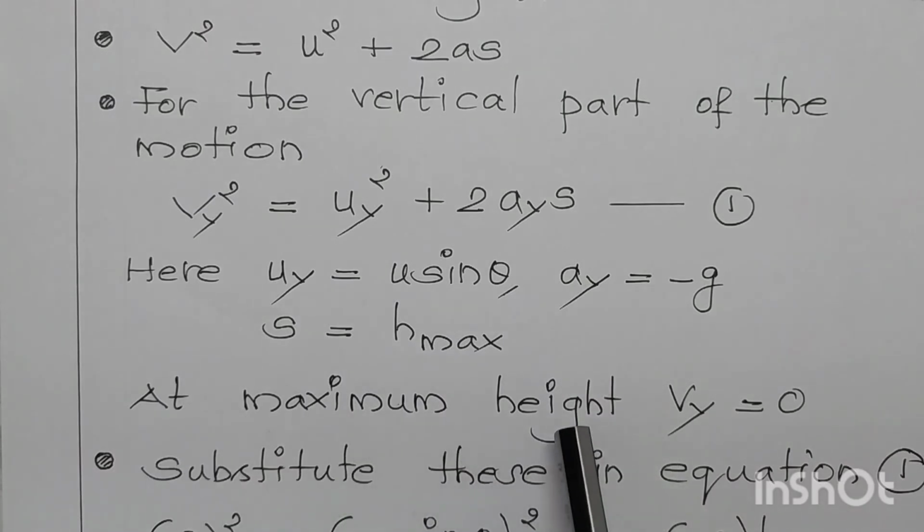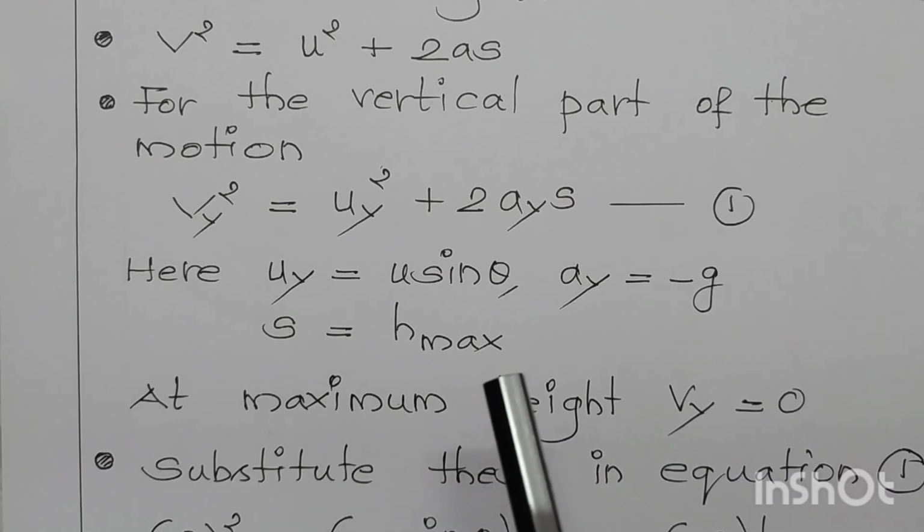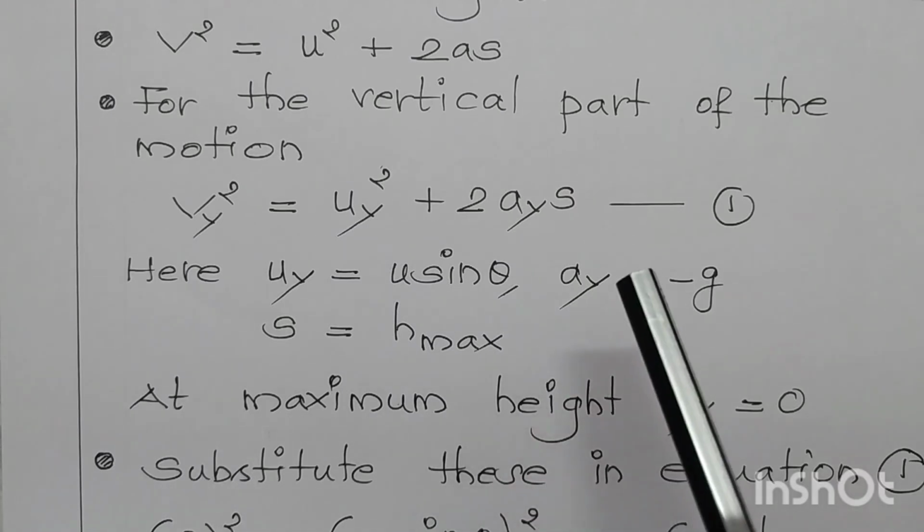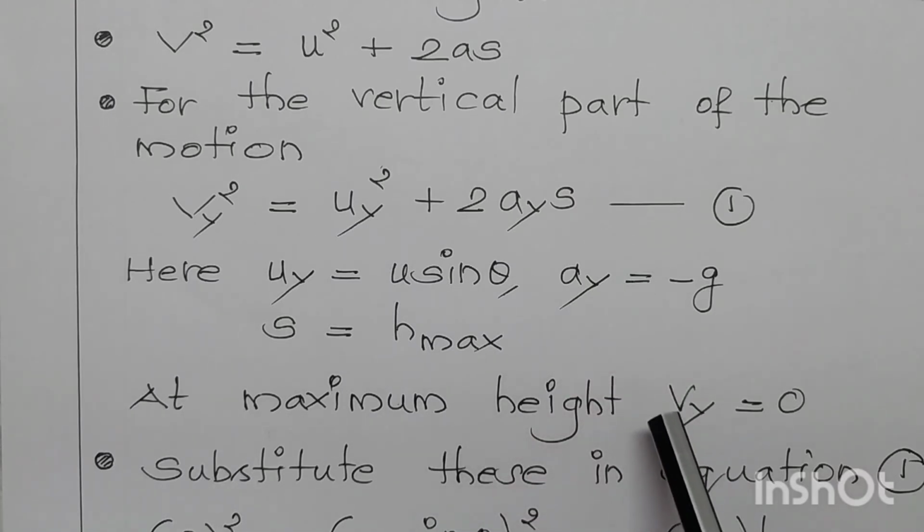At maximum height, v y is equal to 0. When a body is thrown, it goes up and reaches a certain height, then it starts falling down. So at the maximum height, its final velocity, that is v y, becomes 0. So let us take v y is equal to 0.